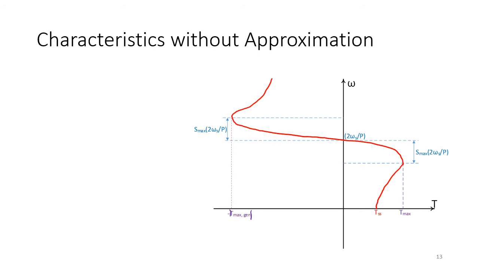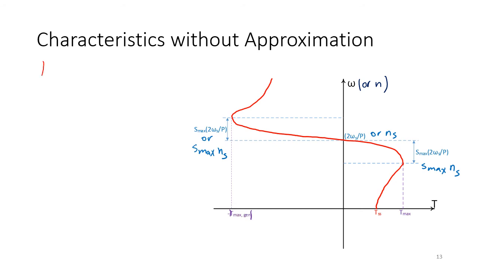And it doesn't matter whether you are working with omega or n. The only difference here will be ns, and here will be S max ns. The important thing is that we lose the symmetry we previously had in the figures. As you can see, it is not symmetrical anymore.